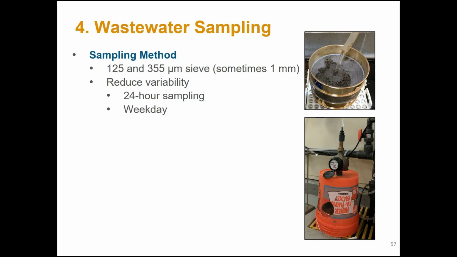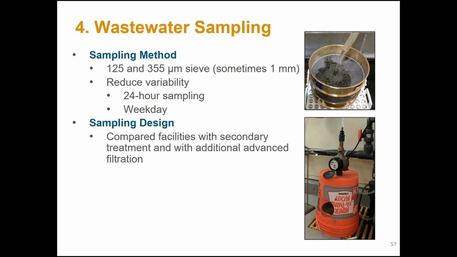This was in contrast to our previous study where we only took sampling during peak hour flows, and so this was to make sure our sample was more representative of flows. We also collected our samples during weekdays. Our sampling design was to sample at facilities with secondary treatment as well as facilities with additional advanced filtration.